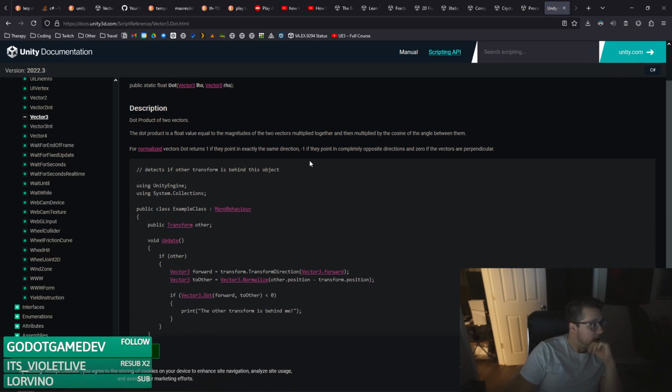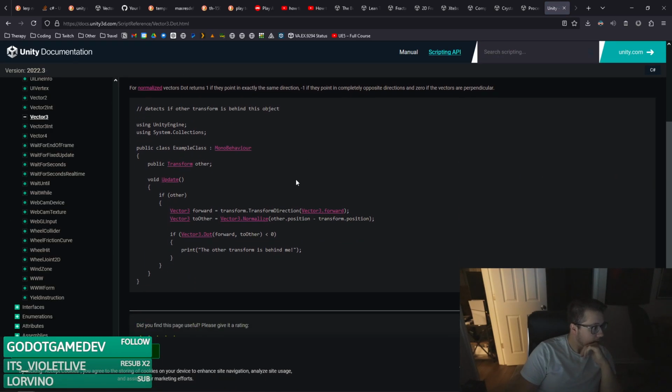Vector3.Dot returns 1 if they point in exactly the same direction, -1 if they point in the opposite direction, 0 if the vectors are perpendicular. I see.